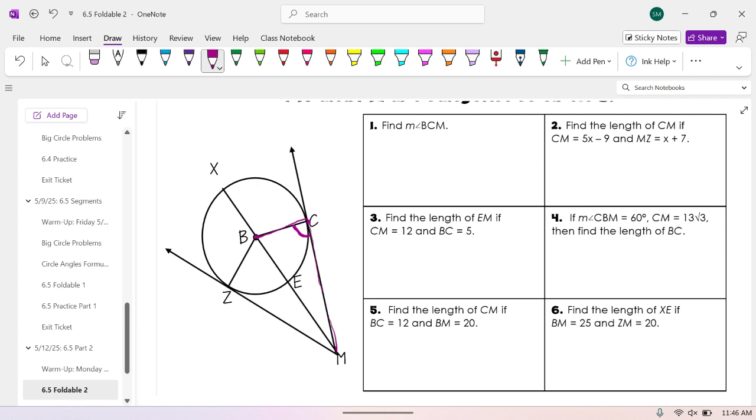Why? Because it's a radius intersecting the what? The point of tangency. So this is definitely a tangent line right here. It only hits at one point. And BC is the radius. So that means that this angle right here is 90 degrees.